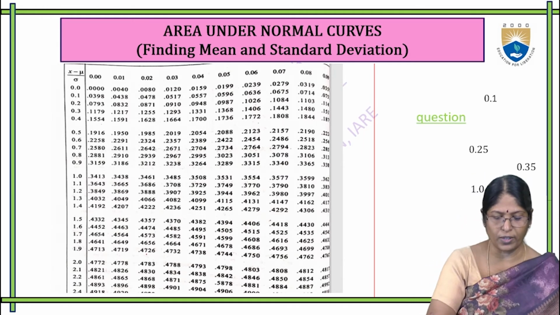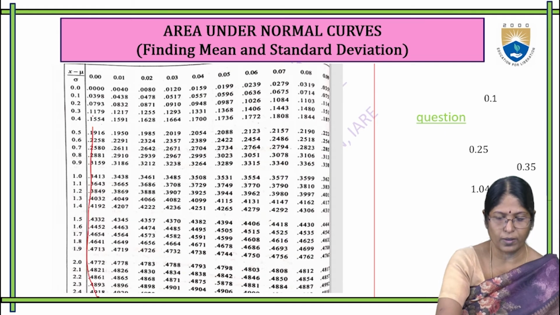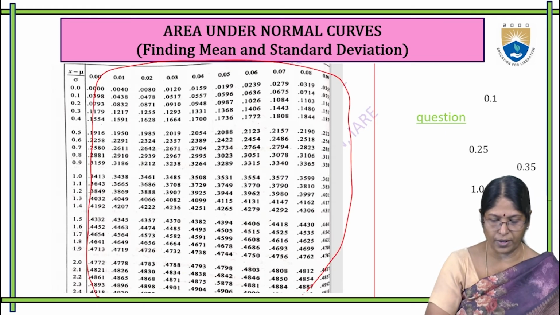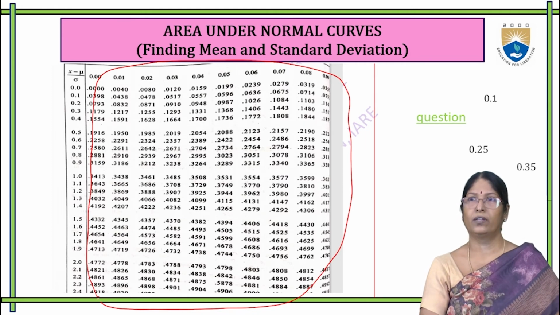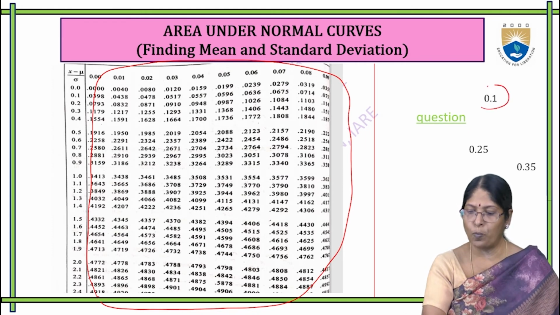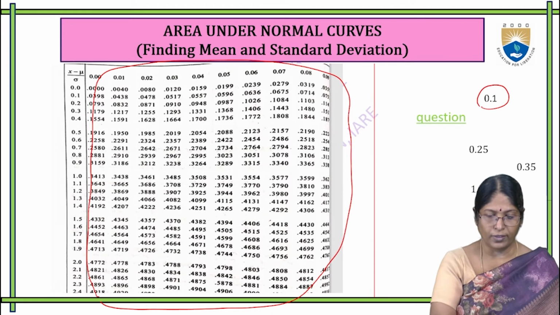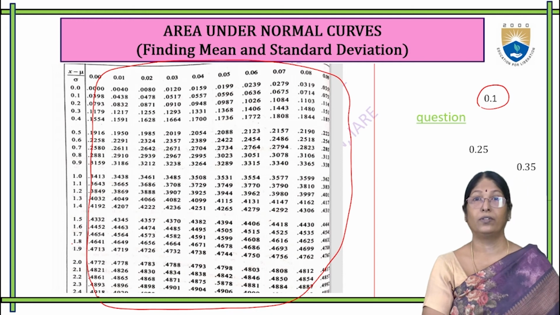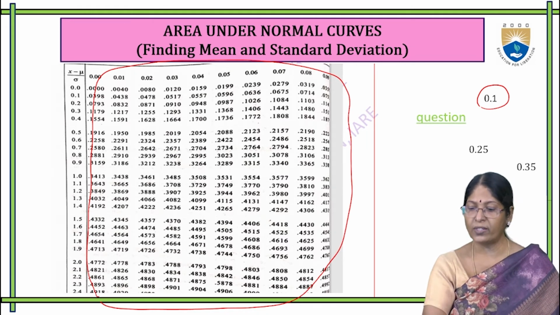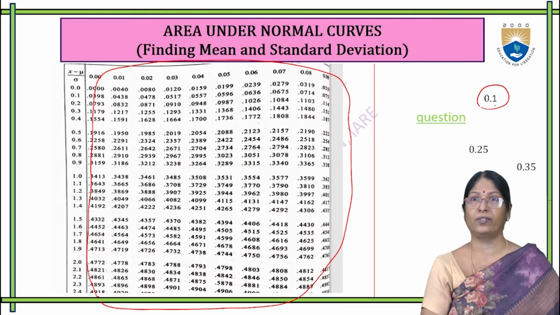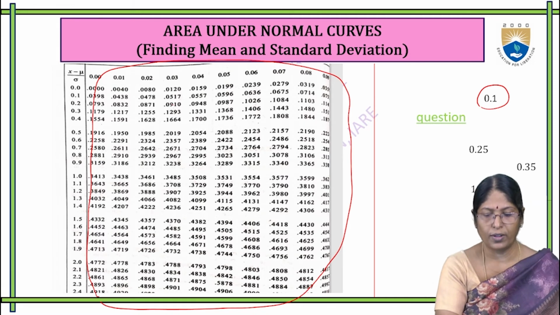We have to search where I am circling. In this, we needed 0.1, where it is. This is area. This is the Z point; only the Z point we have to find. So in this particular table, where does our 0.1 lie? We have to search.